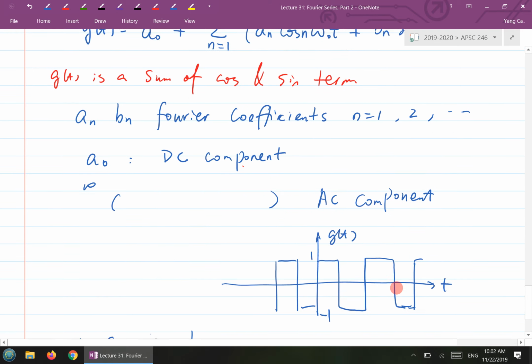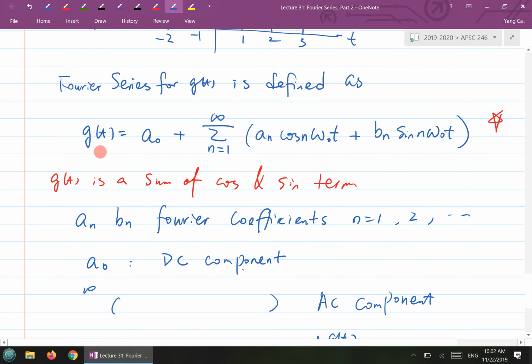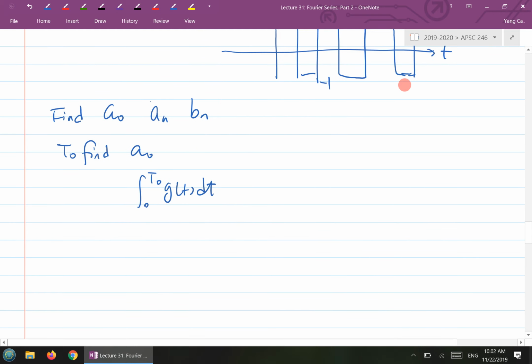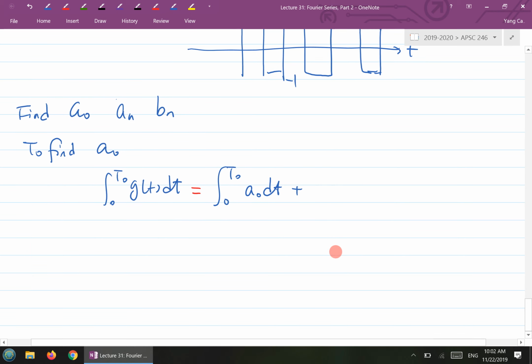So this is your g of t, and I'm integrating both sides from 0 to t naught. If we do that, we get the integral from 0 to t naught of a naught dt. That's the first term. And then the second term is the whole summation.